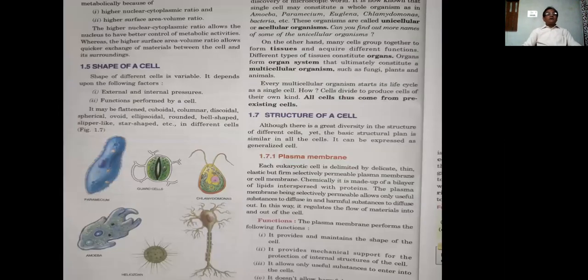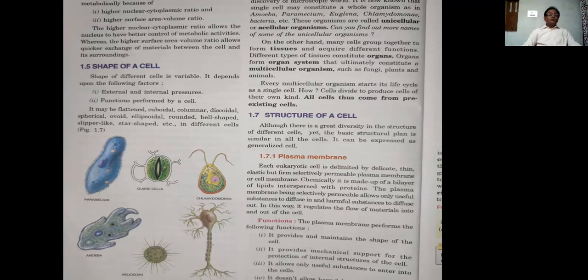Different shapes and sizes of cells are found in different organisms. Here are diagrams of paramecium, guard cell, chlamydomonas, and amoeba.